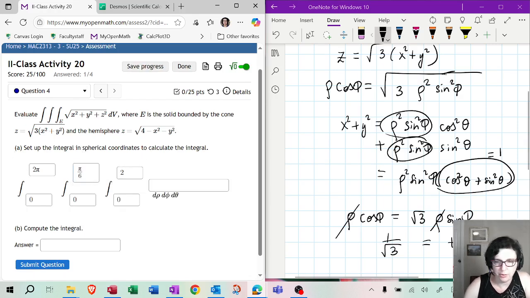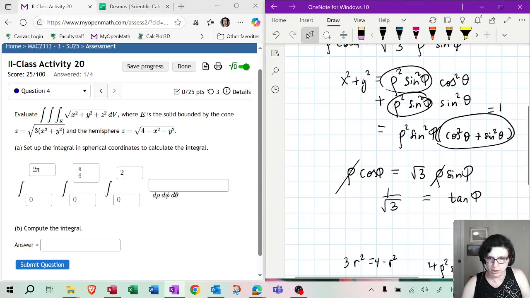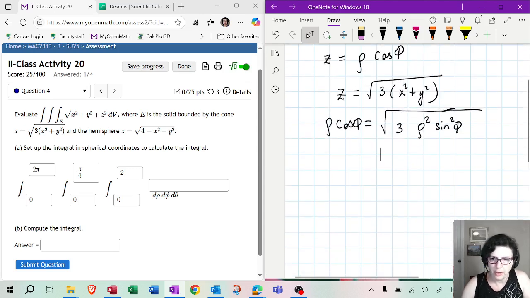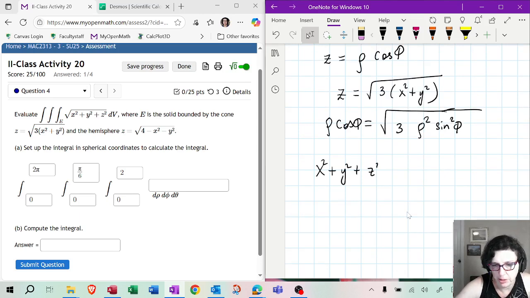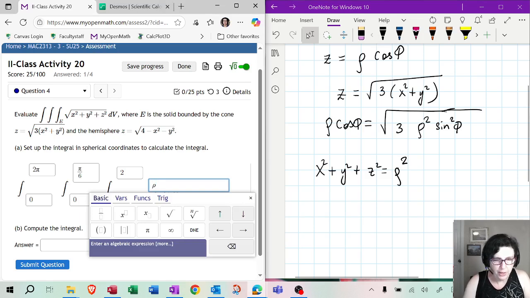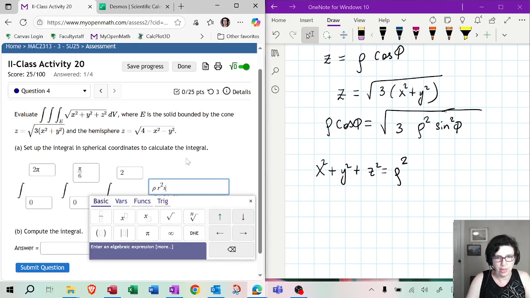Now, what are we integrating here? In spherical coordinates, we know that x squared plus y squared plus z squared equals rho squared. When you take the square root, that's just going to give you rho. Then you multiply that by the Jacobian for spherical coordinates, which is rho squared sine phi.